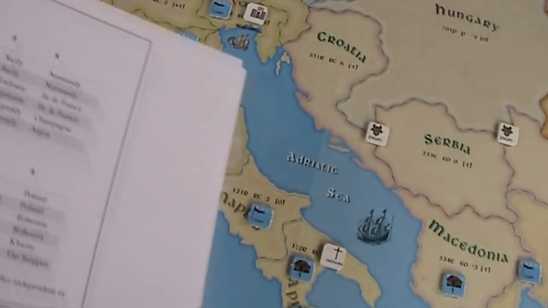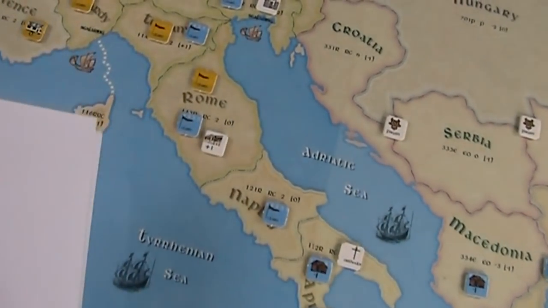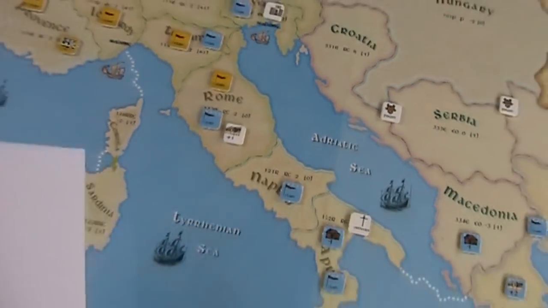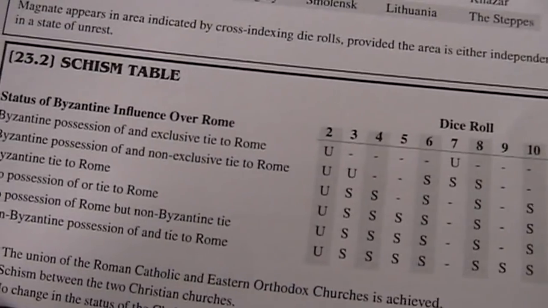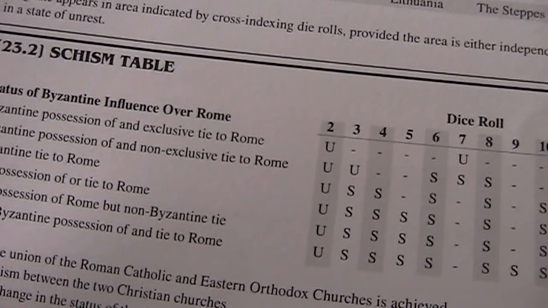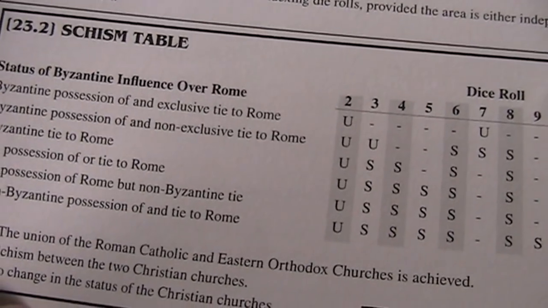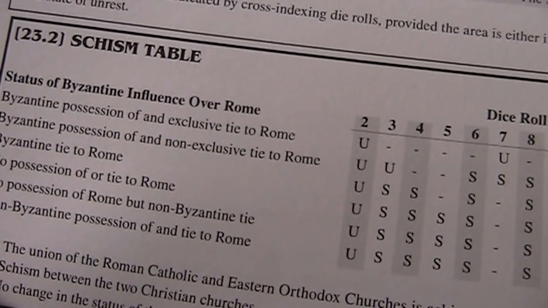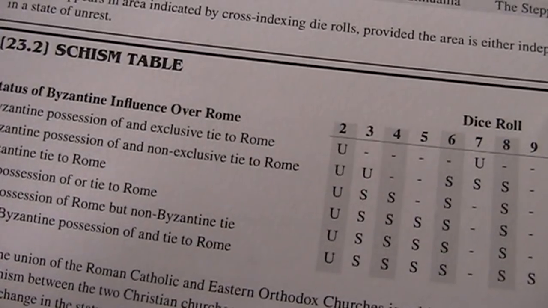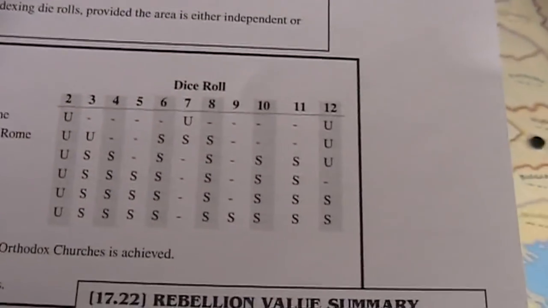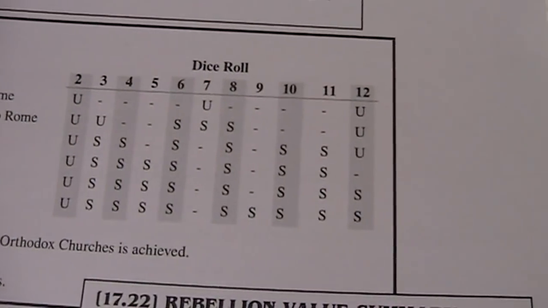And here we have to check the status of the Byzantine influence over Rome. So at the moment the Byzantines have a claim on Rome, but they don't control it. So let's see. Byzantine possession, Byzantine tie to Rome. I think that's what we have here. So now we got a roll.